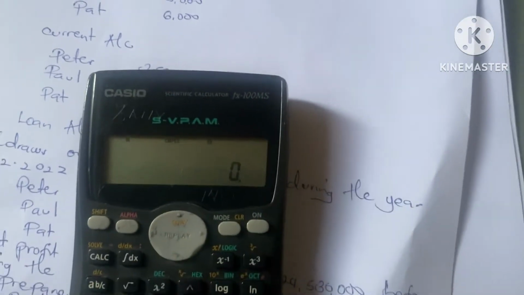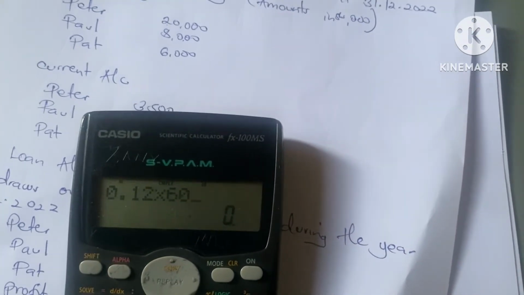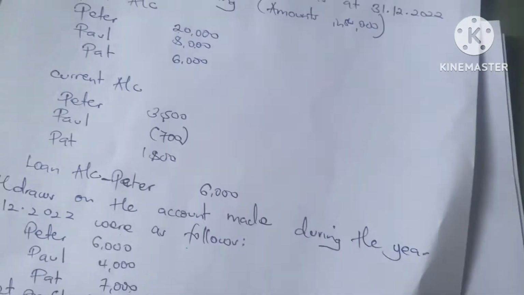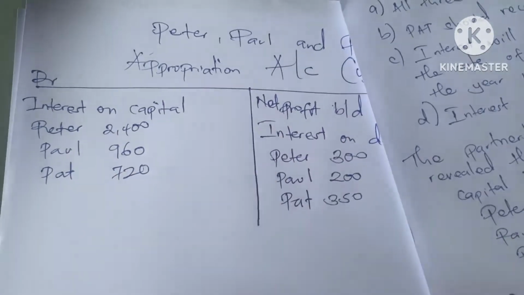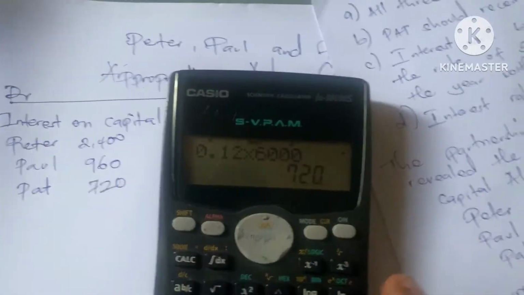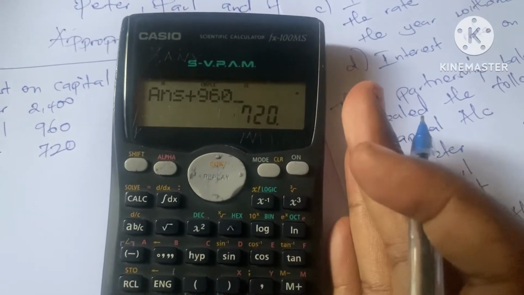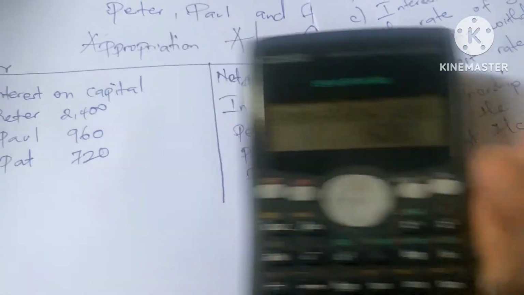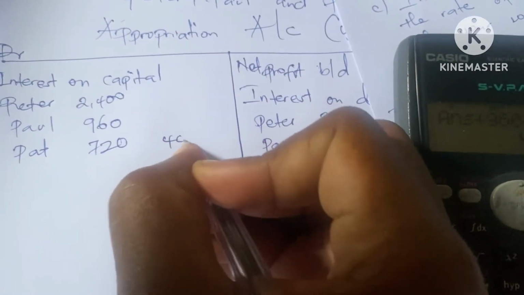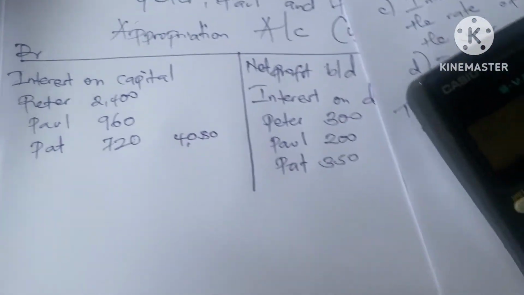Then for Pat, 0.12 times 6,000, which is 720. So we get the total interest on capital: 720 plus 960 plus 2,400, which is 4,080, like that.